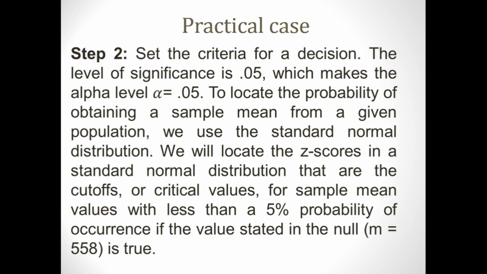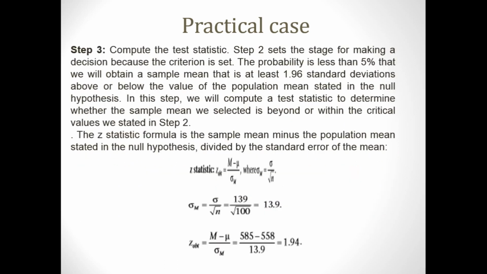The z statistic formula is the sample mean minus the population mean stated in the null hypothesis, divided by the standard error of the mean.